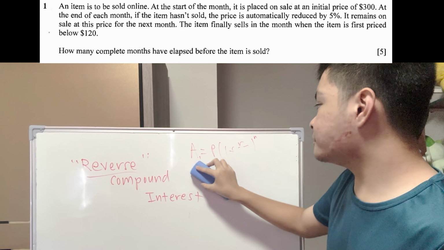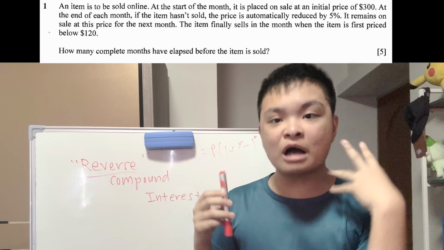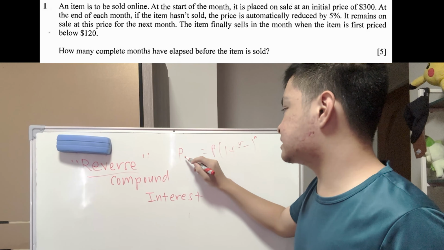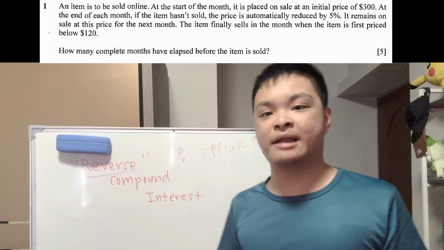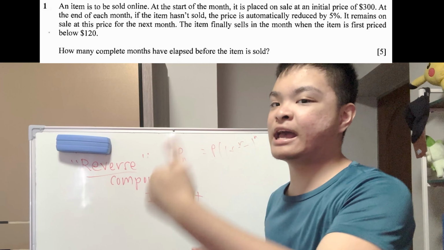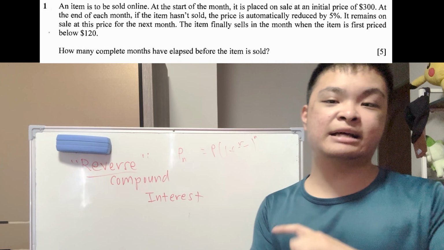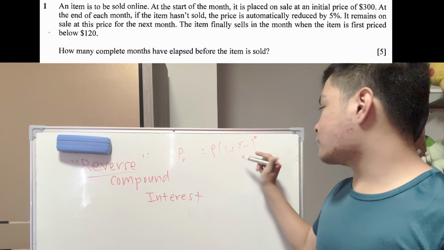So the formula that we have to come up with ourselves is, let's say, Pn, meaning the price at the end of the nth month, because at the end of the month, it decreases.